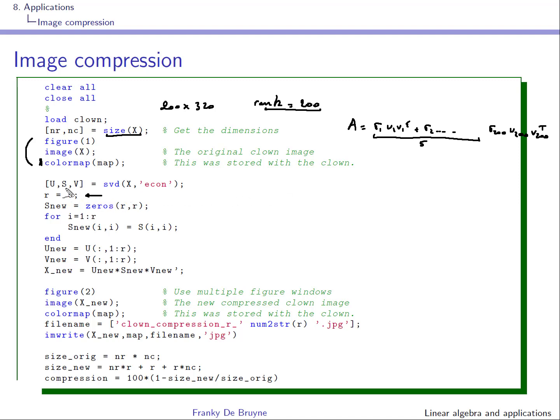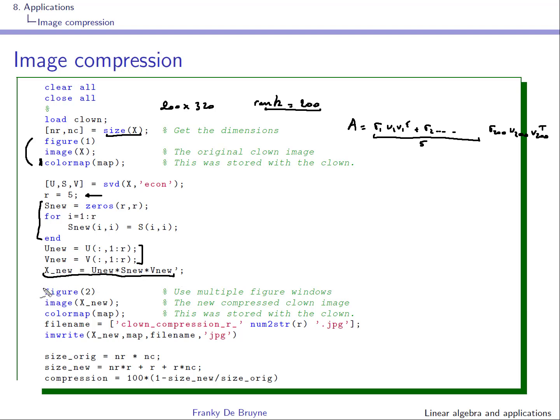We have to isolate the 5 first columns of U and the 5 first columns of V. This is done over here, and we need to create a square matrix of dimension R times R, 5 times 5 here, in which we put the singular values on the diagonal. Then we can reconstruct the new image by taking the new U, V, and S. It's U new times S new times V new transpose.